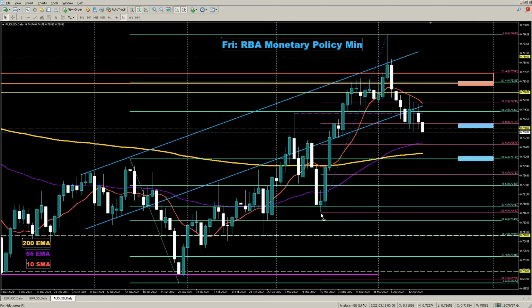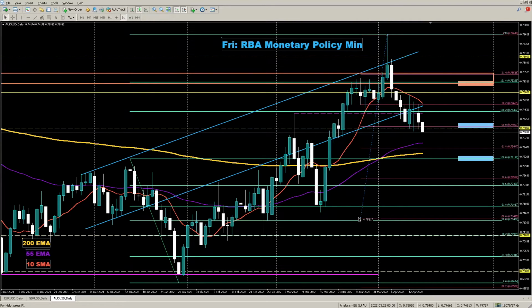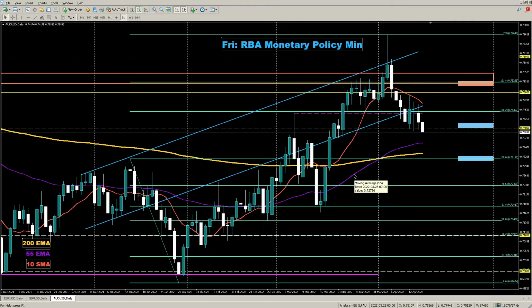I think we can remove this for now. This zone is still very valid up here, so let's lower this now. 75 is going to be the next key resistance zone.